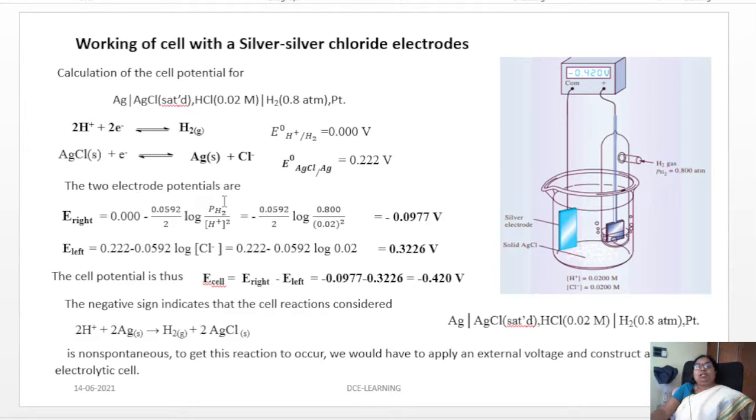Then the EMF of that electrode will be 0 here. With respect to this standard hydrogen electrode, we calculate the EMF of the cell with respect to the silver electrode, a combination of these two.